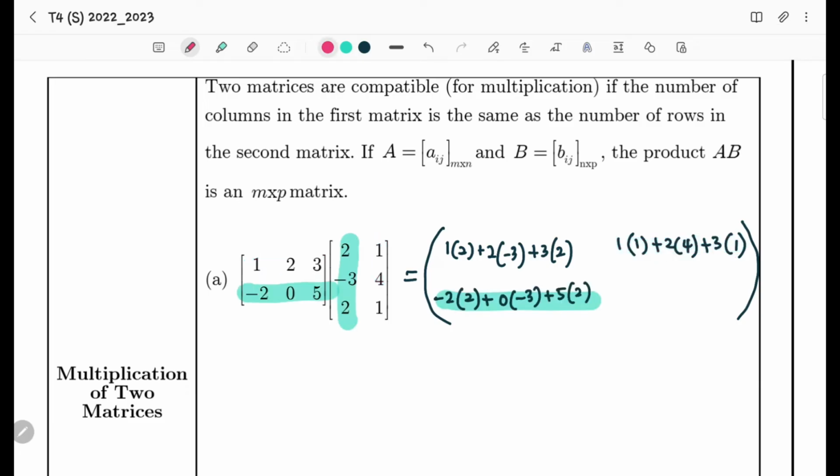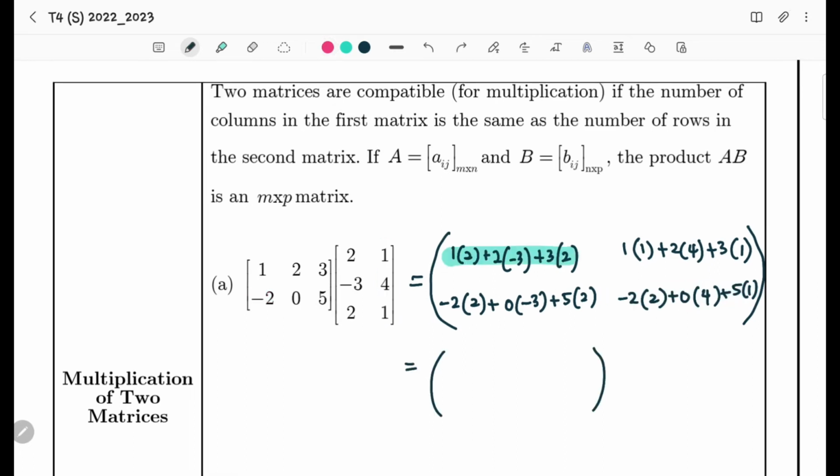Then for the second row and first column, okay, -2 times 2, then 0 times -3, 5 times 2. Okay, lastly, -2 times 1, and then plus 0 times 4, and then 5 times 1.